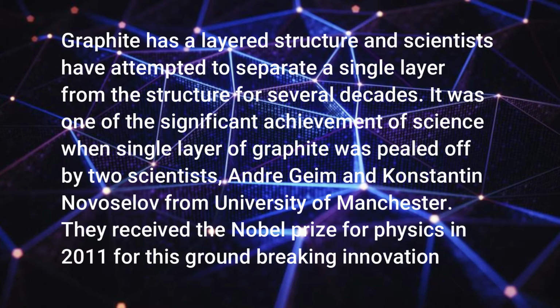It was one of the significant achievements of science when a single layer of graphite was peeled off by two scientists, Andrew James and Constantine, from the University of Manchester. They received the Nobel Prize for Physics in 2011 for this groundbreaking innovation.